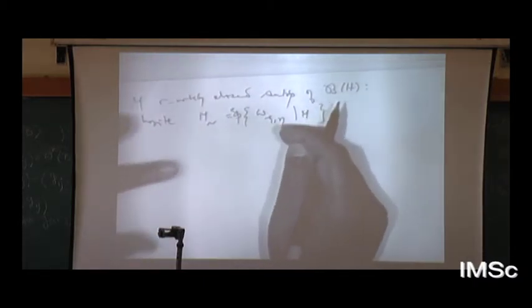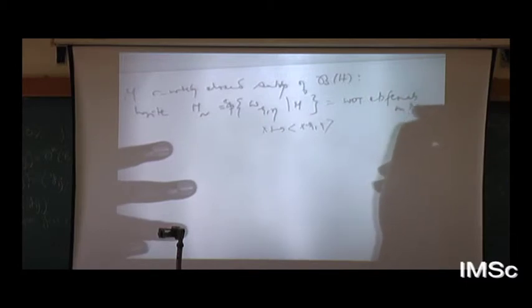So these are the things that send x to xi eta. You look at these linear functions, that is exactly equal to WOT continuous functionals on M. Why?